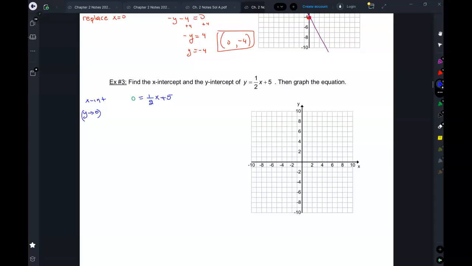What am I going to do now? Minus 5, minus 5. Negative 5 equals half x. Multiply by 2. So x is negative 10. But the way I write it, negative 10 comma 0.